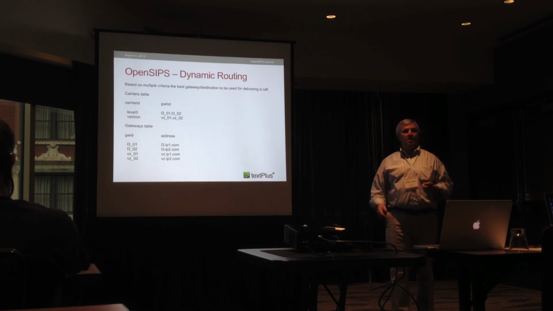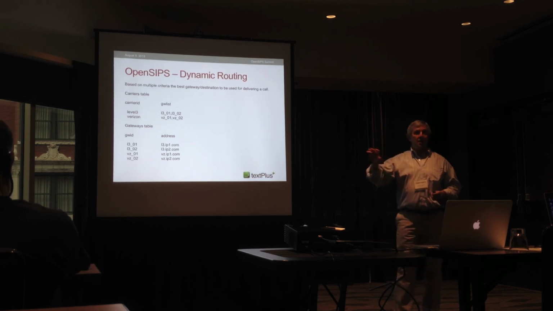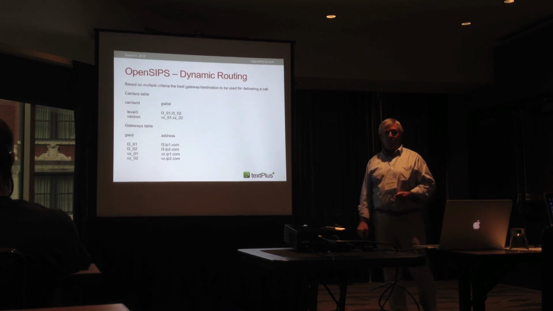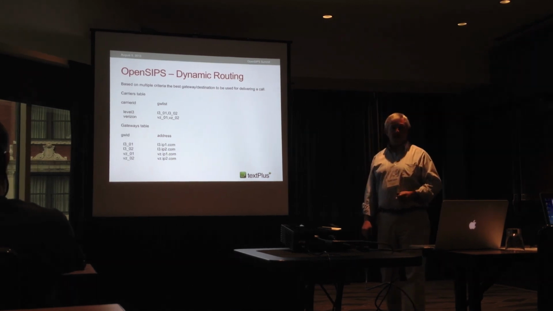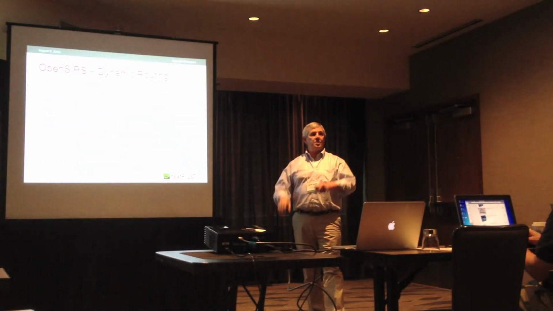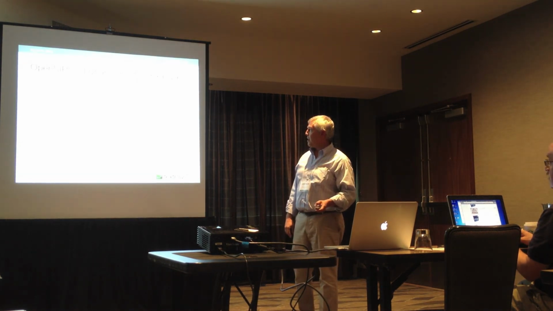The dynamic routing module can do that for you. It can do a ton of other things, but I'm not going to talk about those right now because I just want to focus on the fact that here's a way to route out to different locations in a load balanced or high availability kind of environment.